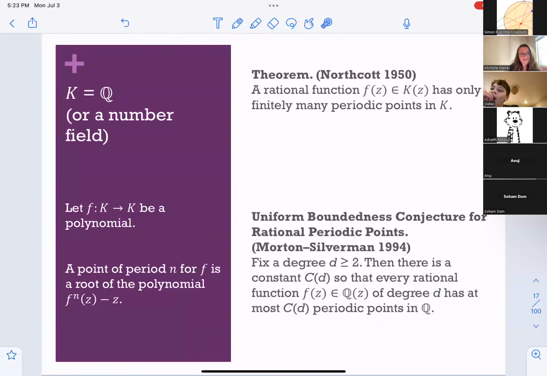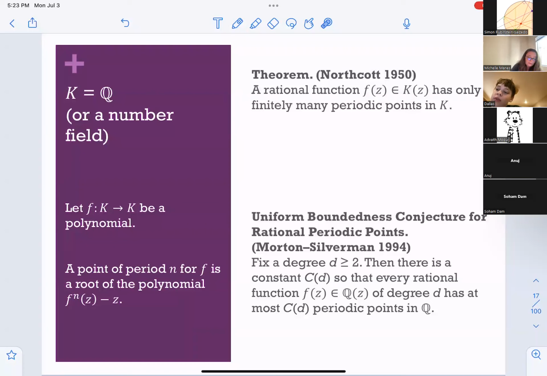Nobody even has a guess for degree 5. But for degree 2, for example, we have a guess that the maximum number is 9. That if I hand you any degree 2 polynomial that has rational numbers as coefficients, and you find all of the periodic points that live in the rational numbers, we think there are not more than 9 of them. That's a really small number, right? That's teeny compared to infinitely many.